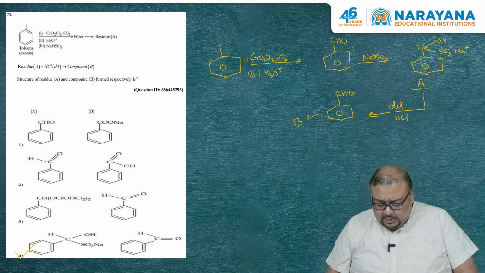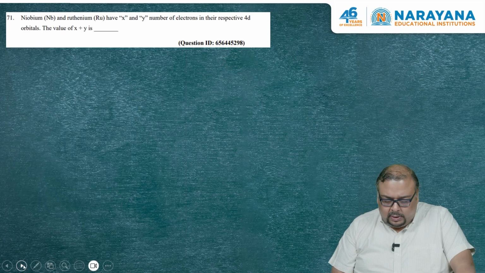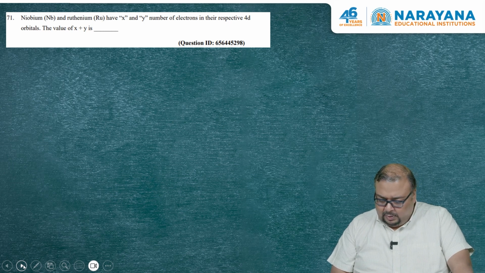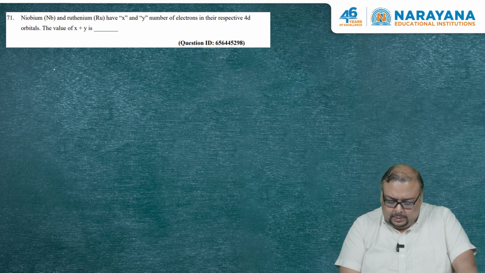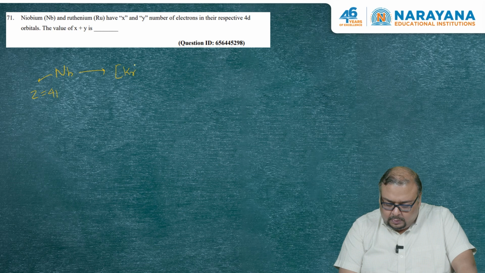Next is question number 71. In question number 71, we have got niobium and ruthenium have x and y electrons in their 4d orbitals. What is the value of x and y? Now niobium is having Z value equal to 41. So its configuration is krypton 4d4 5s1.